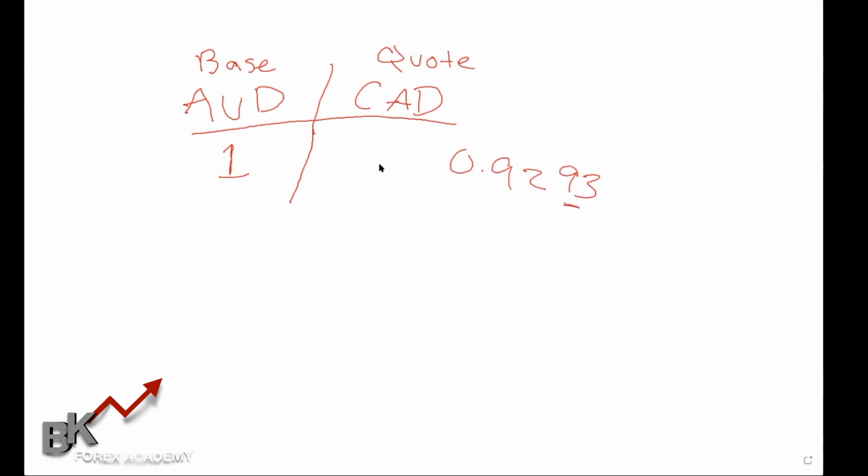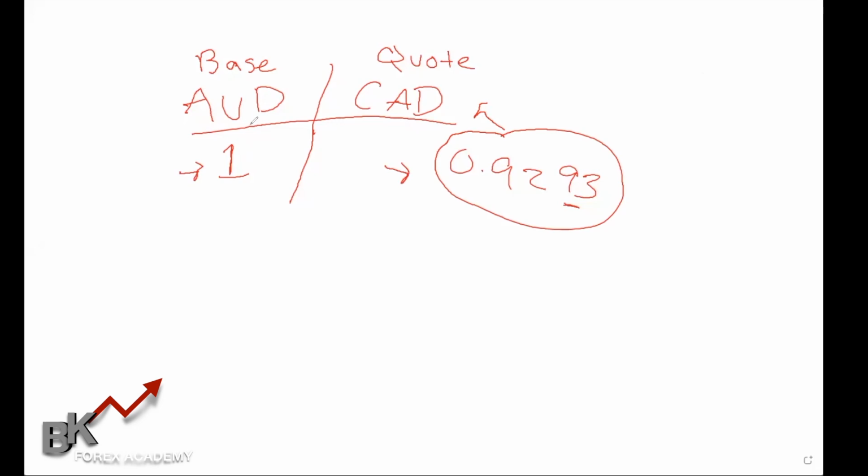That's really imperative for understanding how this works and how we get paid. As day traders, we rely on the fluctuation of these two currencies. Since we're looking at the AUD/CAD chart, the quote belongs to the Canadian dollar, so every 92 cents equals 1 Australian dollar.